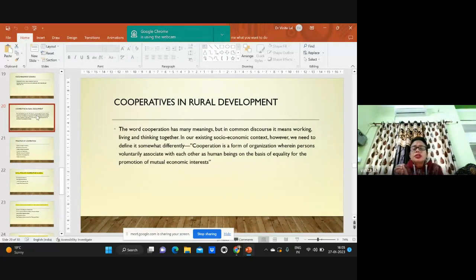And the second one is registration. It needs to follow the registration process to become a legal entity. So they can enter into contracts or acquire property only after the registration of their society. And another characteristic is limited liability. The liability of members is limited to the extent of capital invested by them, and this also helps to protect their financial interest. And there is also government supervision.